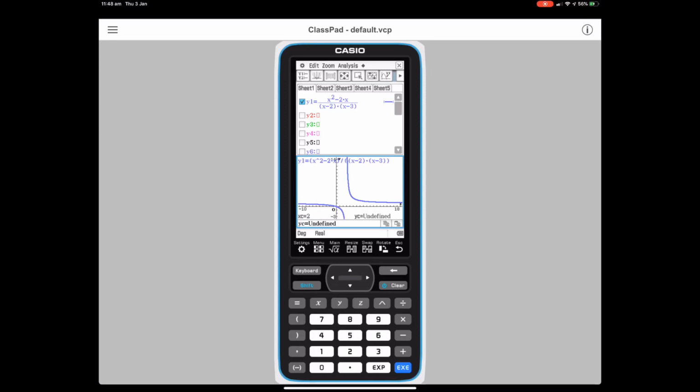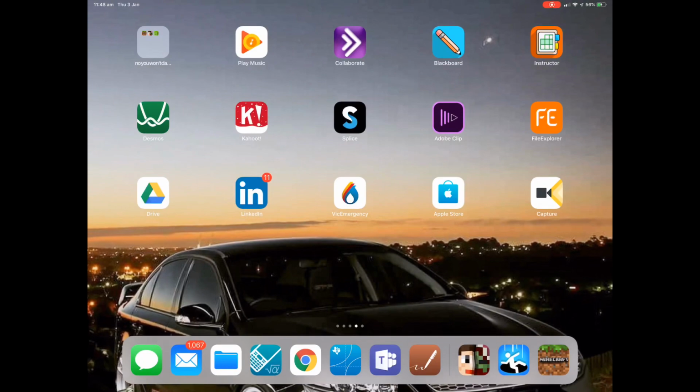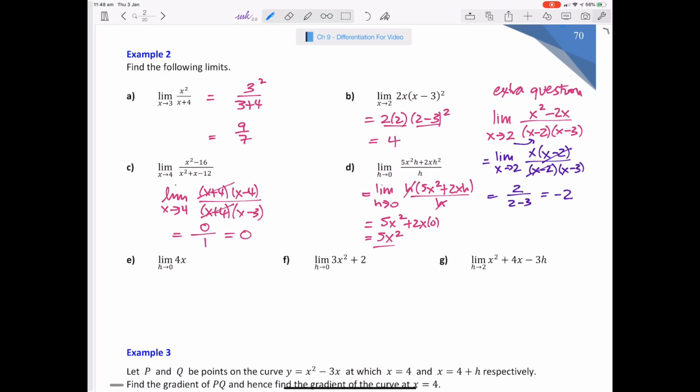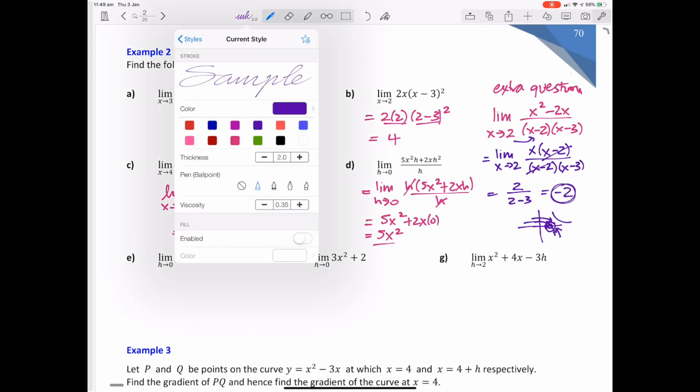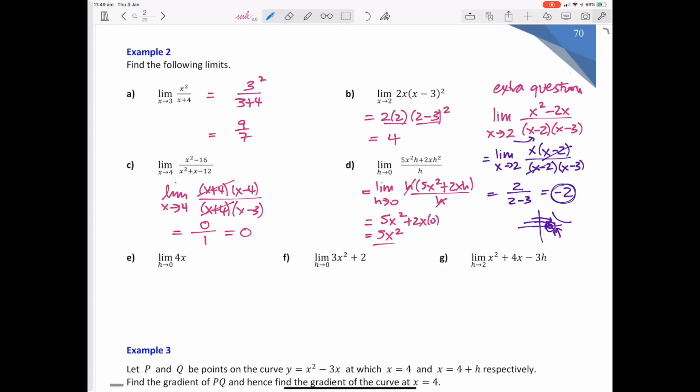So it thinks when you put 2 into this graph, like if I was to sketch that graph, it goes like that and like that. And at the point 2, there's an open circle, because it's undefined at that point. However, the limit exists because from this side and from this side, they both approach exactly the same value, which is negative 2. So even though the function doesn't exist, the limit itself does exist.